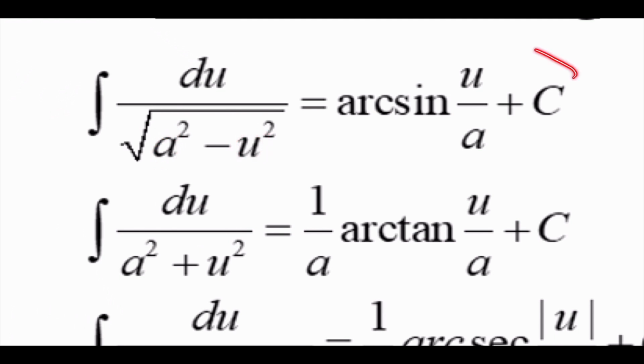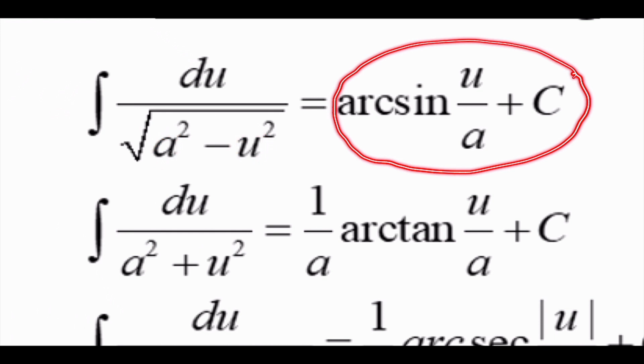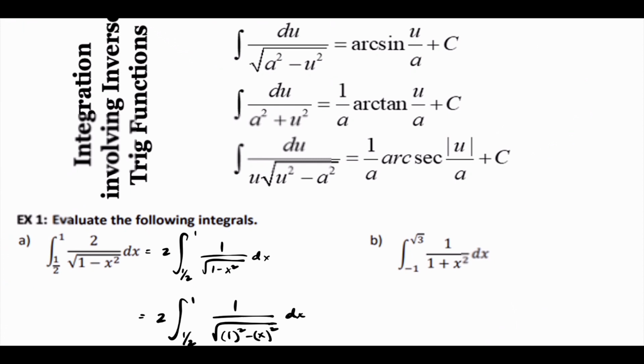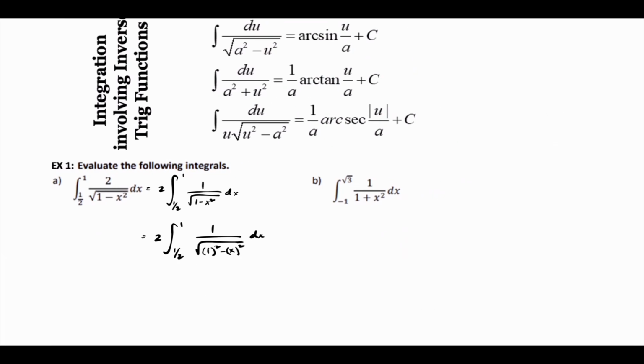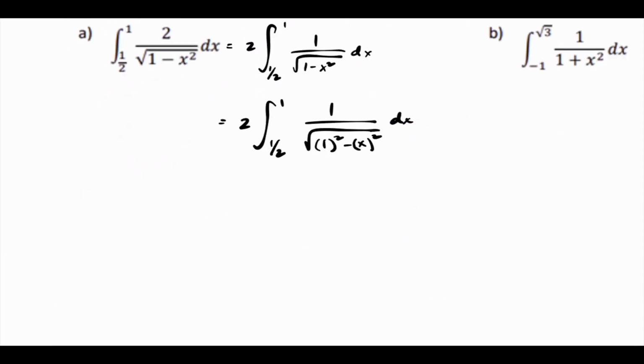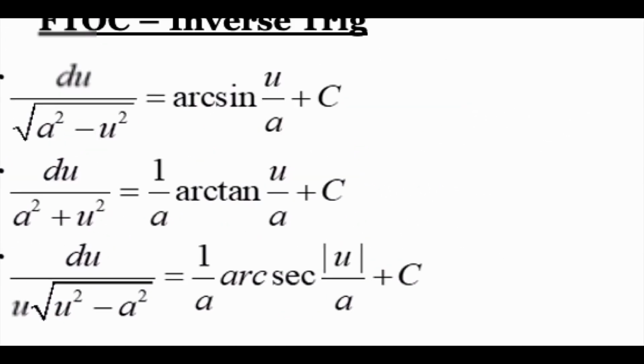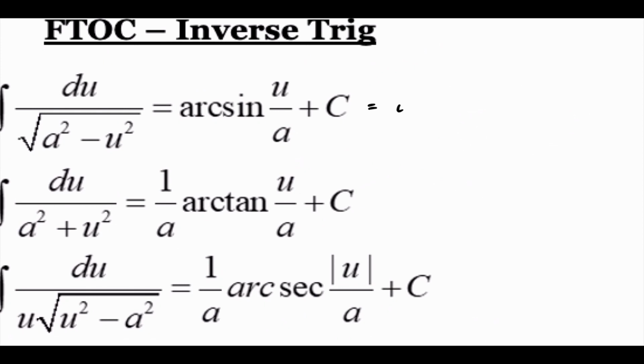So now this is going to be the antiderivative. So we don't have to do u substitution. U substitution wouldn't work. We don't have to do anything else. This is the relationship. So it's going to be arc sine or inverse sine. Inverse sine and arc sine are the same thing. Okay. So we have 2 times, because the 2's still out in front, arc sine or inverse sine, remember. You can use this notation as well.